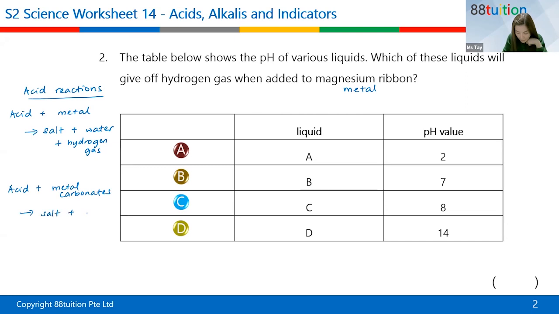This gives you salt. Okay, hold on. I think the first one, we just don't include the water. Okay, usually we just call it 2 product. This one can ignore the water. Okay, make it easier for you. Salt plus hydrogen gas. This one, 3 product. Salt plus water plus carbon dioxide.